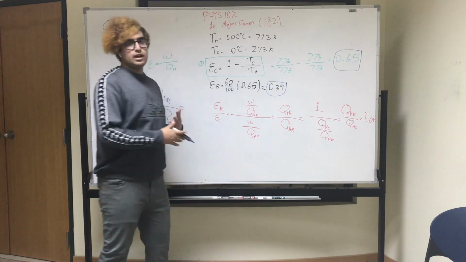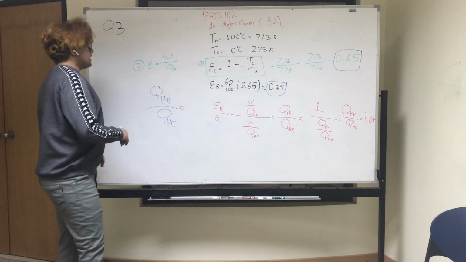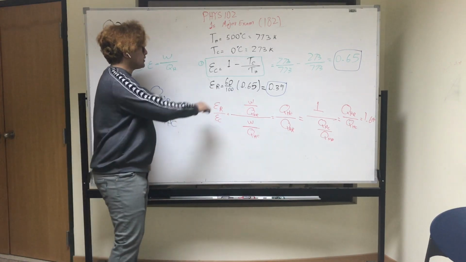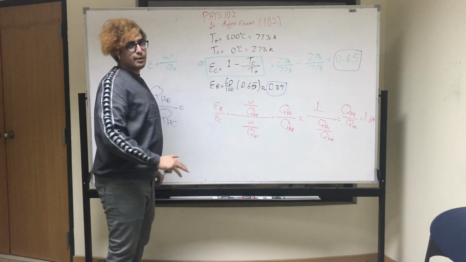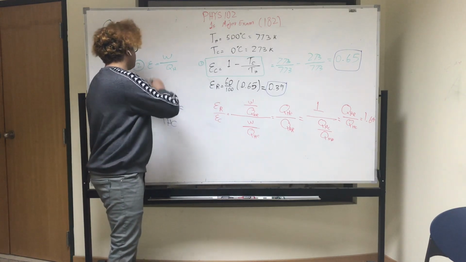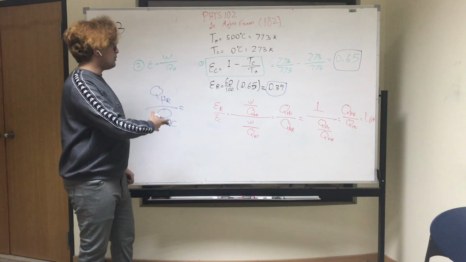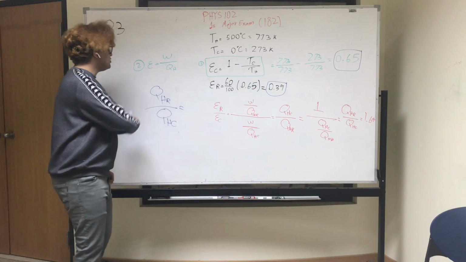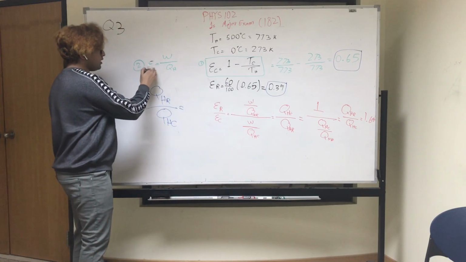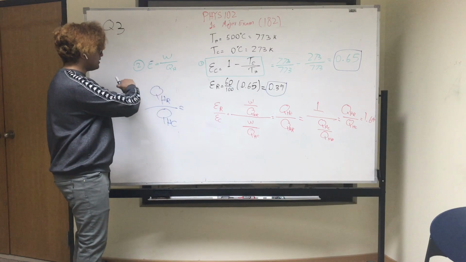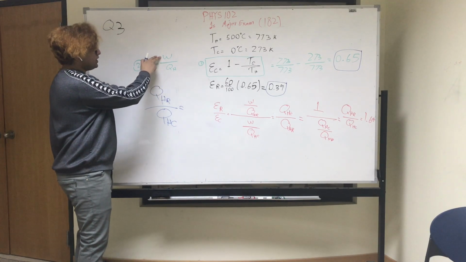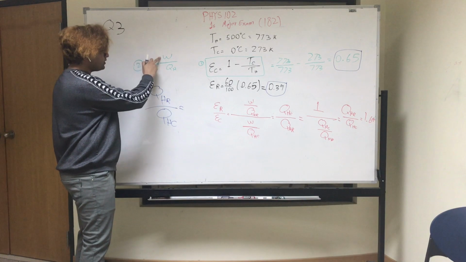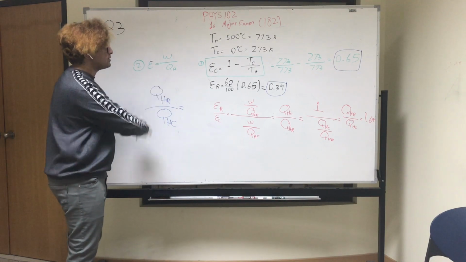Okay, so here comes the tricky part. It says in the question that the two engines do the same amount of work. So if we know that the two engines do the same amount of work, then we can use this equation. This is also straight out of your formula sheet. The efficiency of any engine is equal to the work done by the engine over the QH.